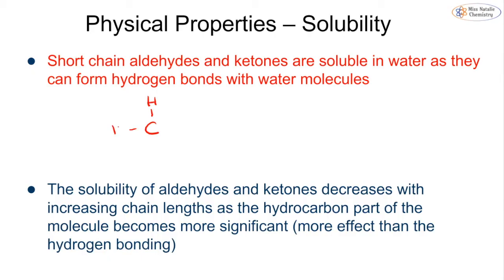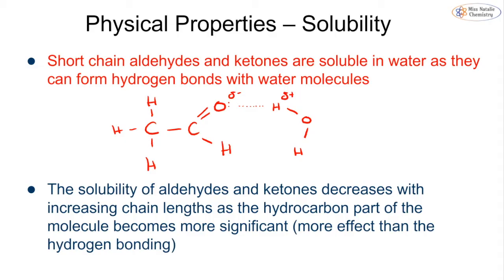If we take a very simple aldehyde, like ethanal, and we've got our lone pair on the oxygen, this can form hydrogen bonds with a water molecule because this is going to be slightly delta negative and slightly delta positive on the hydrogen of the water. So we can form hydrogen bonds with the water molecules, allowing them to be soluble.